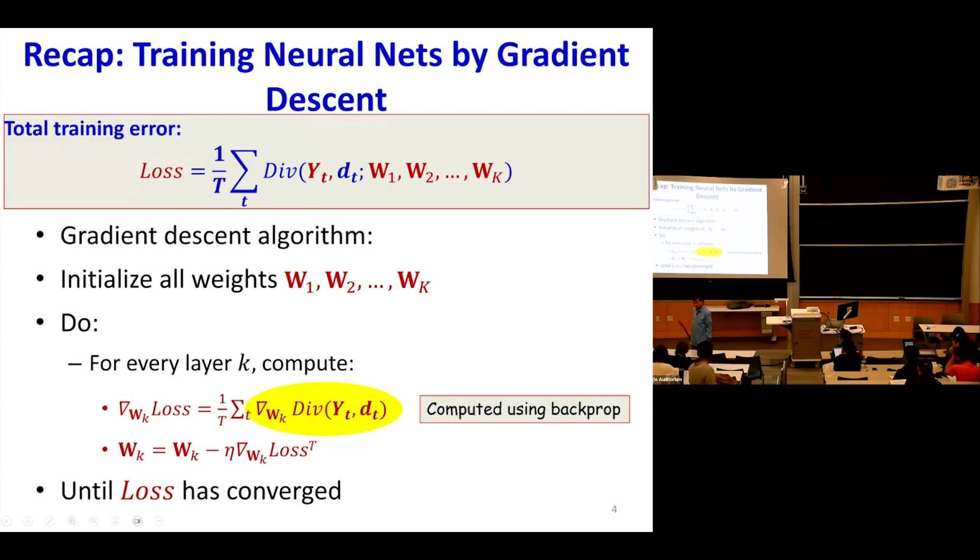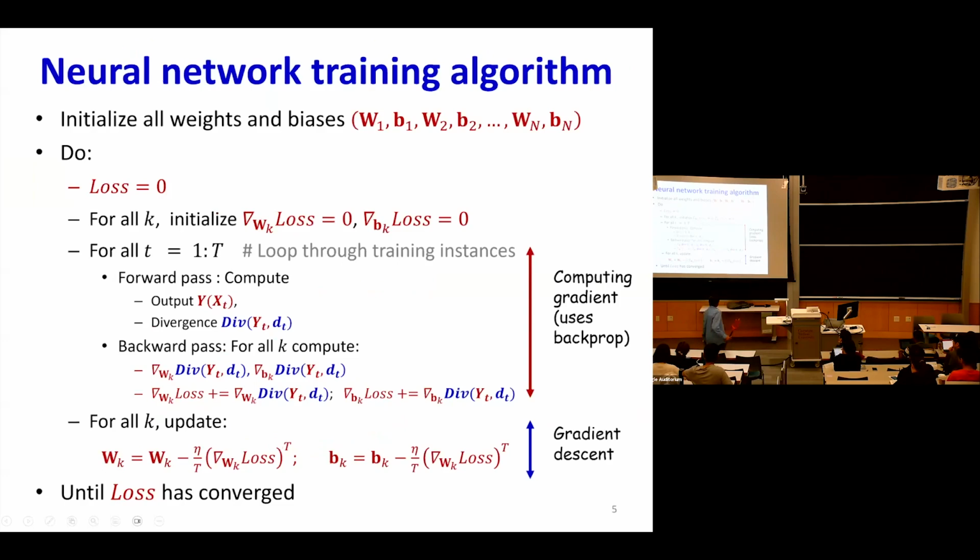So the way we did this was like so. We defined a total training error, which was the average divergence over the entire training set. And we used gradient descent. So at each iteration, we went through the entire training data. We computed the average divergence, the loss, and how much that would change with the perturbation of each parameter, and modified the parameter accordingly, always to decrease the loss.